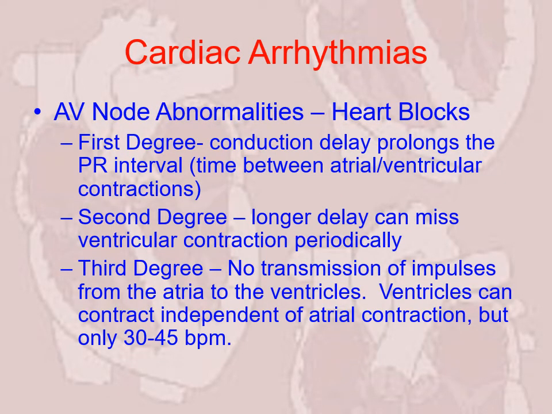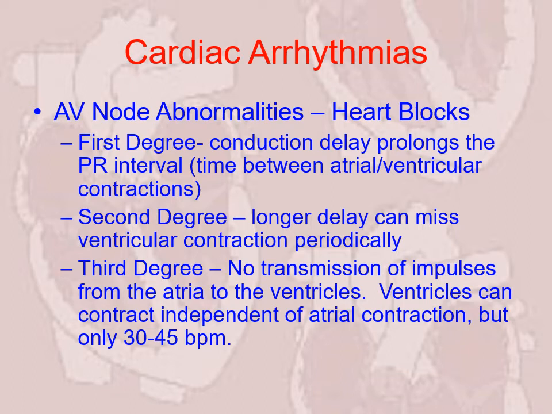Cardiac arrhythmias, AV node abnormalities or heart blocks: when the conduction is delayed or stopped at the AV node or bundle of His. Now there's three types. First degree, conduction delay prolongs the PR interval, and this is the time between the atrial and ventricular contraction. So it's between the SA node and the AV node.